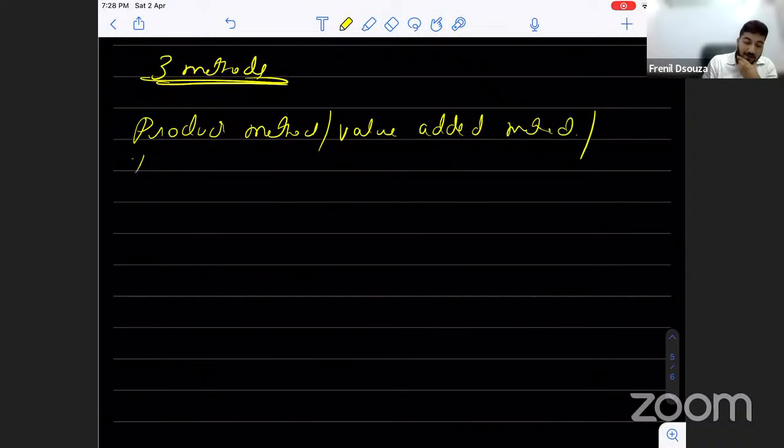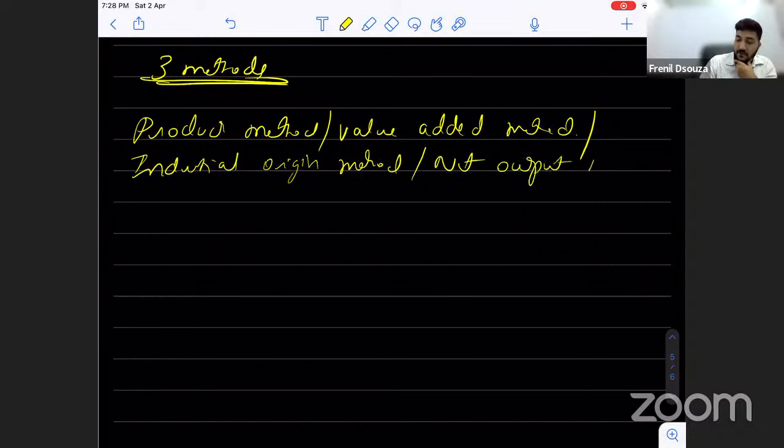It is also called the industrial origin method, and it is also called the net output method. Now there are how many names? There is the product method, value added method, industrial origin method, and net output method. Now why am I focusing on this?